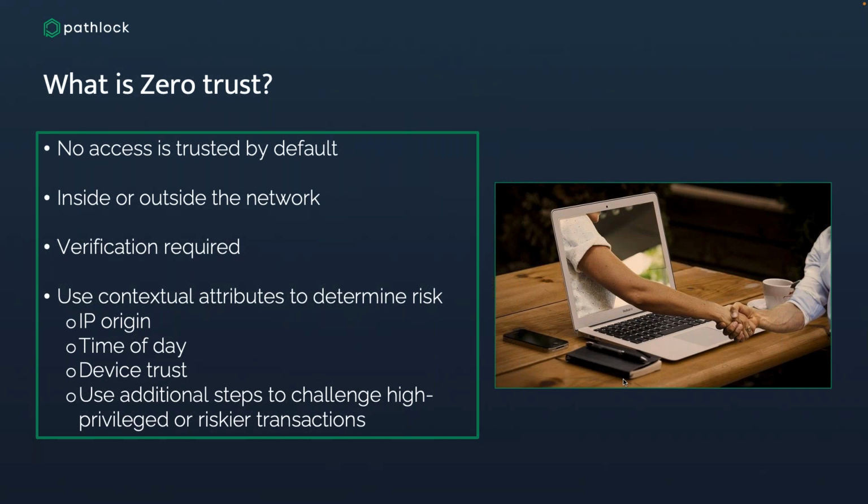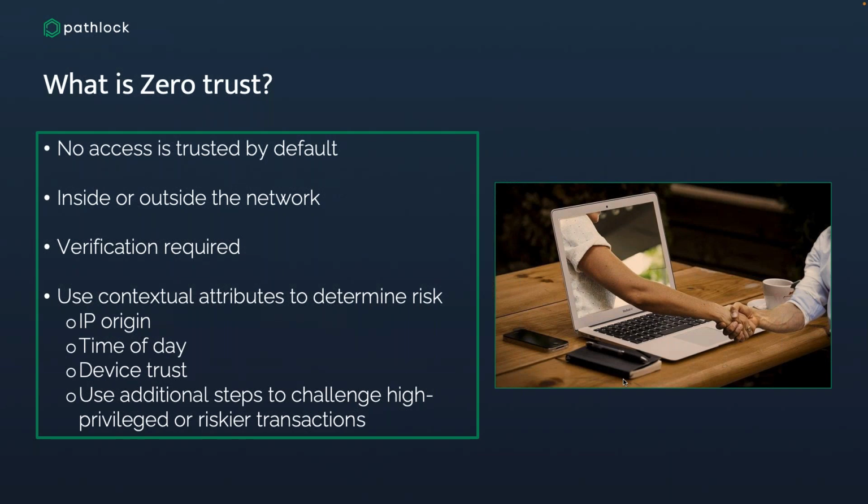All of those types of things, I'm not going to trust you as much, because they're attributes based upon how you're accessing my system. I'm not going to trust Jim as much as I normally would when Jim's sitting in the office.